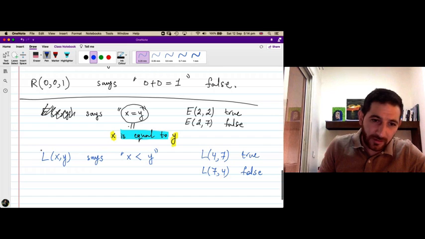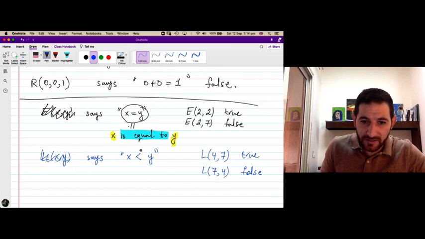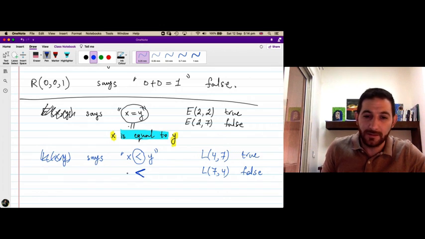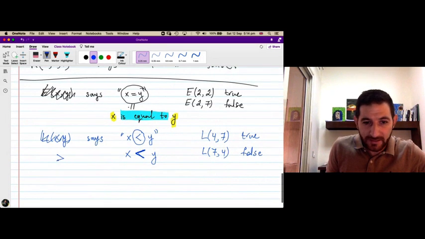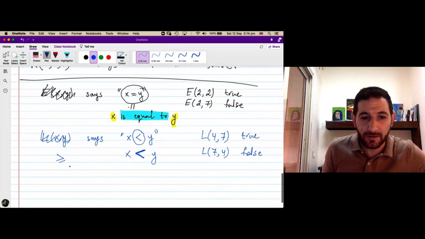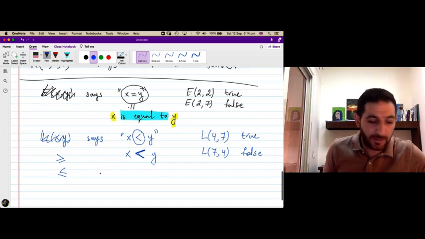But again, we don't write L(x, y), we simply use this symbol to denote the predicate, the property of being less than. So x is less than y. We also have other predicates such as bigger than or equal, or less than or equal.